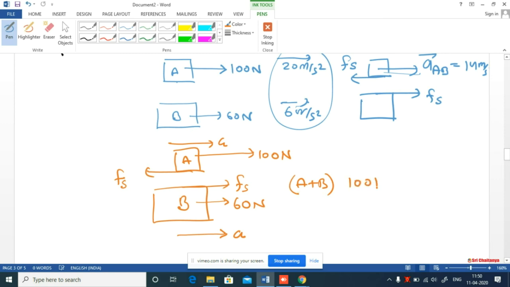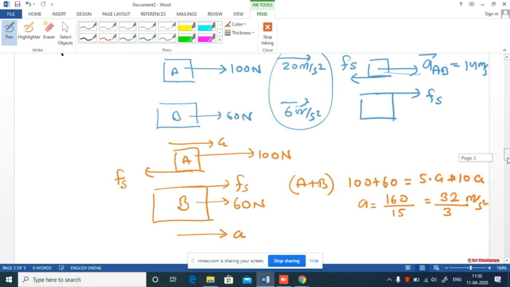The only external forces are 100 Newton and 60 Newton, equal to mass of A, 5, times acceleration of A, plus mass of B, 10, times acceleration of B, right? So A is equal to 160 divided by 15, which is 32 divided by 3 meter per second squared. So this is the acceleration if friction was static, right?